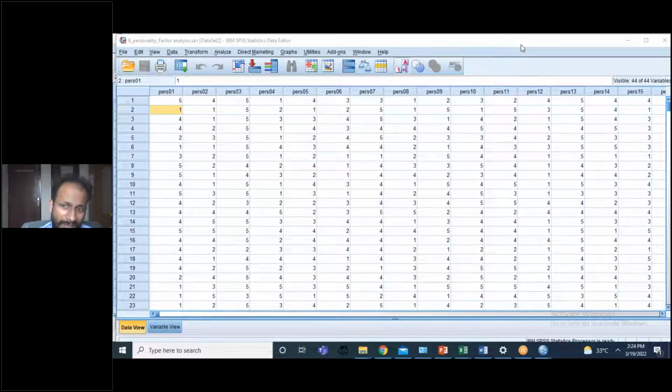Then the next important thing about factor analysis is that it can also be used as a segmentation technique. I have told you that if a particular student is not good at academics, he is good only at co-curricular activities like sports, including cricket, football, culturals, and all. So this student is ideally a right segment for focusing on sports.